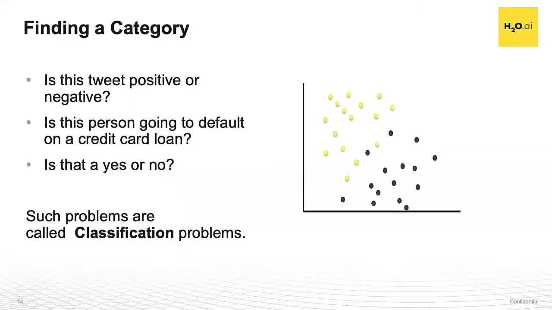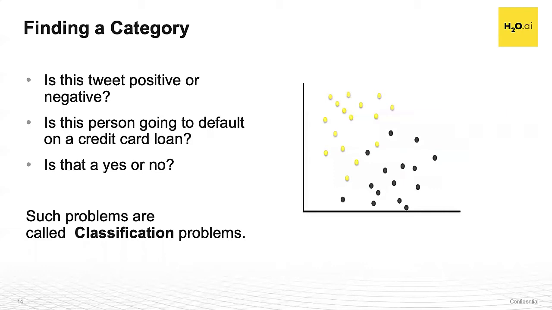Say, for instance, these are some of the data points that you have. Consider the yellow ones to be the positive tweets, which are written with some positive meaning. And the black ones are the tweets which have negative sentiments, and we know them.